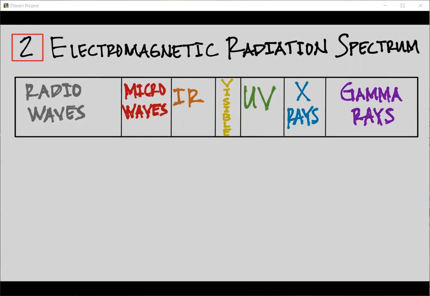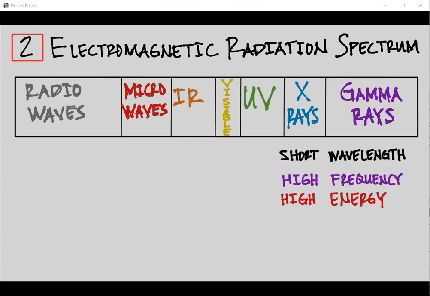So gamma rays are very energetic, all right? They have high energy, they can definitely cause damage. And in terms of frequency and wavelength, gamma rays have very short wavelength, but very high frequency.